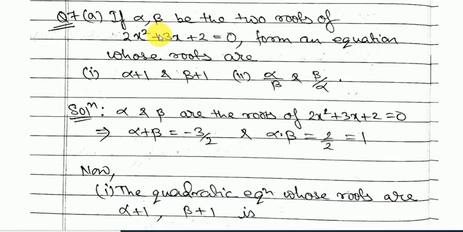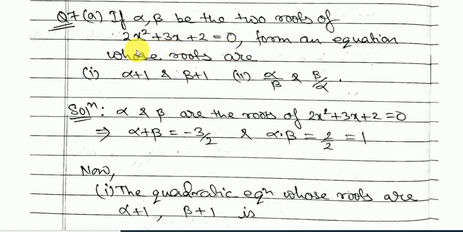Question number 7. If alpha and beta are the two roots of the quadratic equation 2x square plus 3x plus 2 equal to 0, form an equation whose roots are these. This type of question is important.